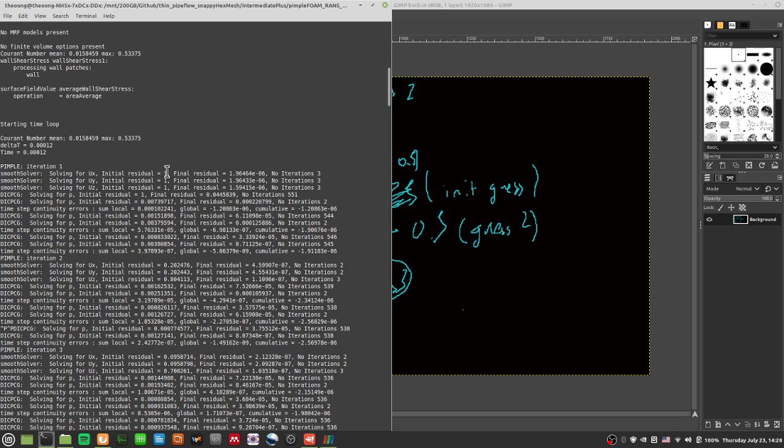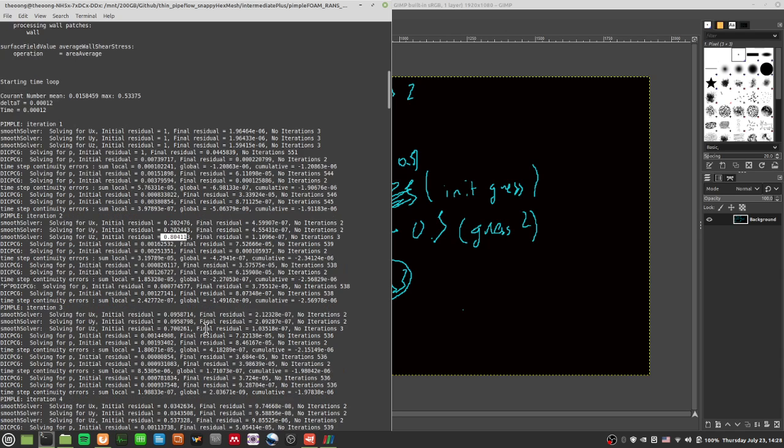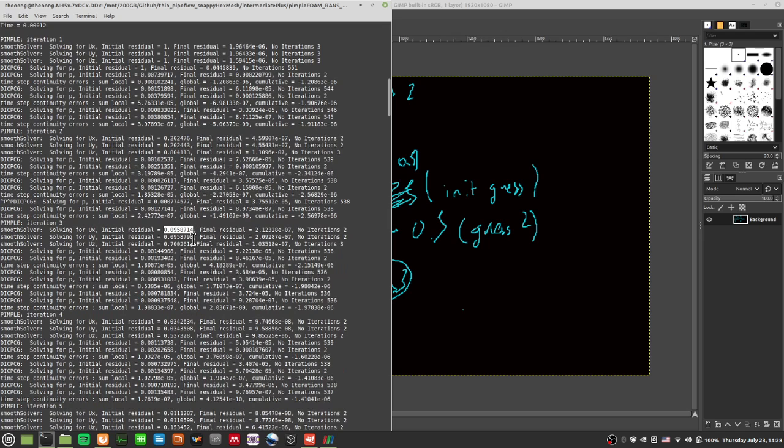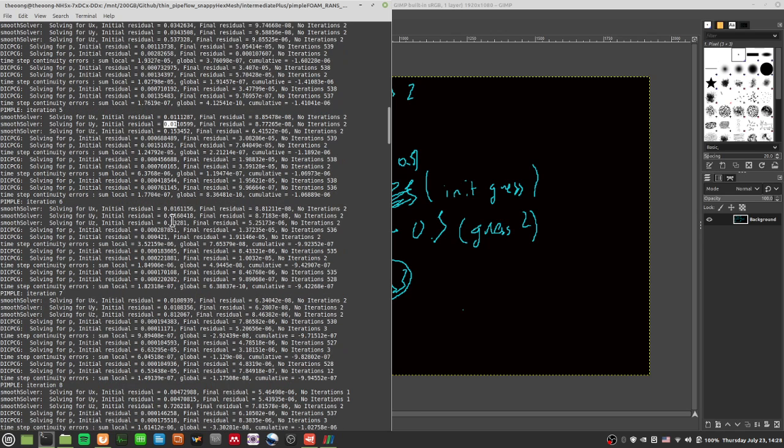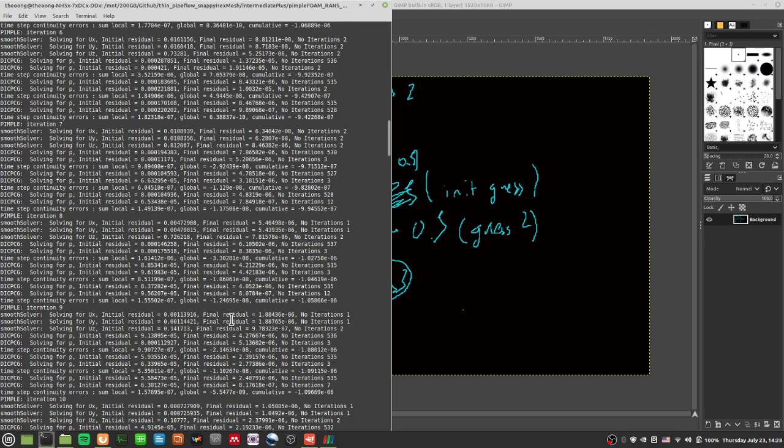So you see the initial residuals should actually decrease over time. The initial residual initially was 1, then it becomes 0.202, and then 0.8, then it decreases some more, 0.09, 0.7, and ideally it should keep decreasing. When it keeps decreasing, the idea is that you'll reach some point where it stabilizes.